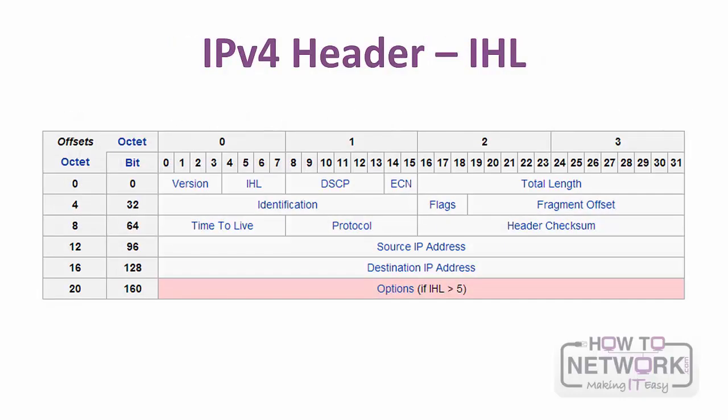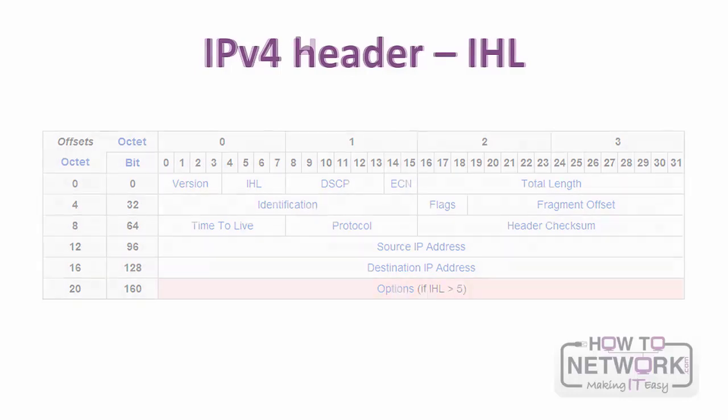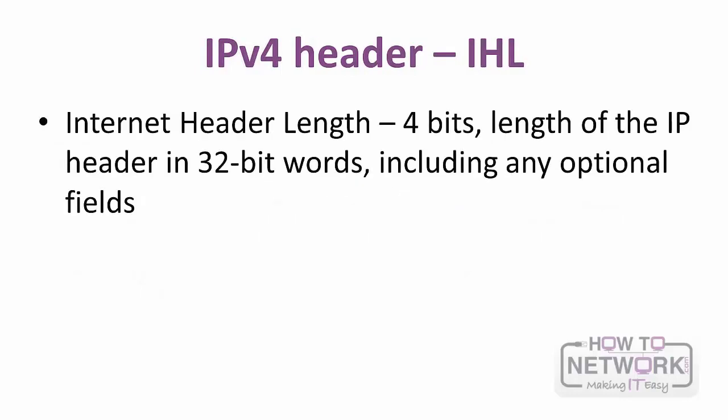Internet header length, 4 bits. This is the length of the IP header in 32-bit words, including any optional fields. Since an IPv4 header may contain a variable number of options, this field specifies the size of the header and, in effect, points to where the IP header ends and the data or payload begins.